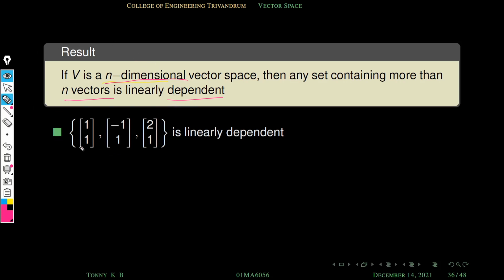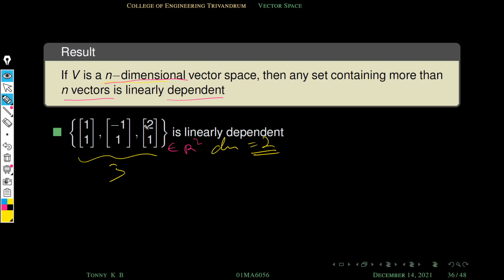It is clear that these vectors belong to R2, right? So what is the dimension? Dimension equals 2, and this collection contains 3 elements, more than n vectors, more than 2 vectors. So what is the conclusion? The conclusion is that this is always dependent.